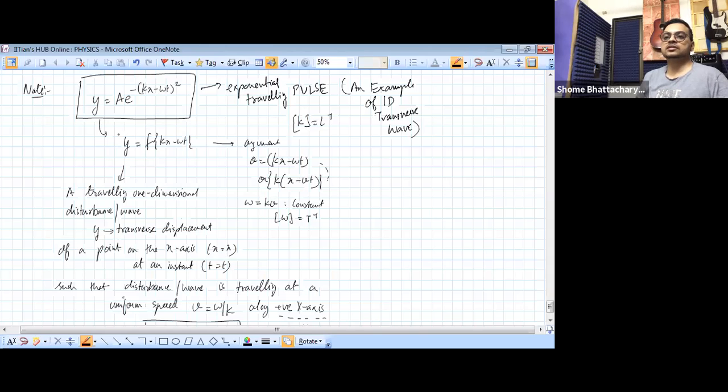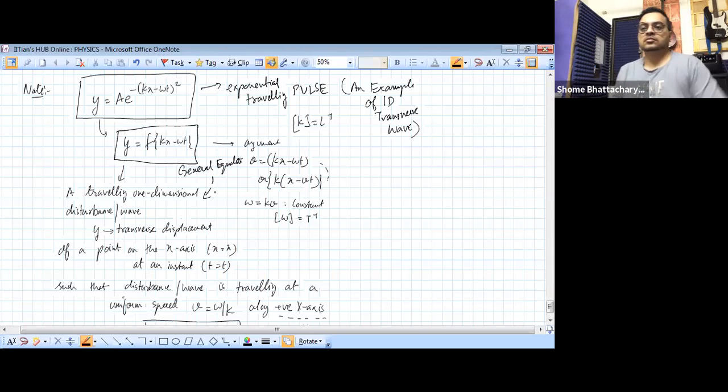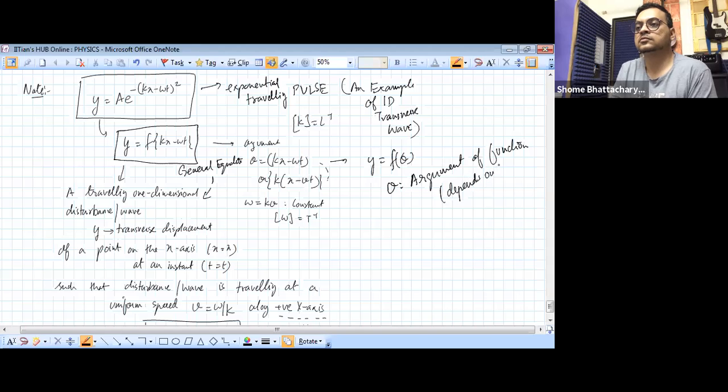This becomes the general equation which represents this thing. So it depends on x and t in this case.